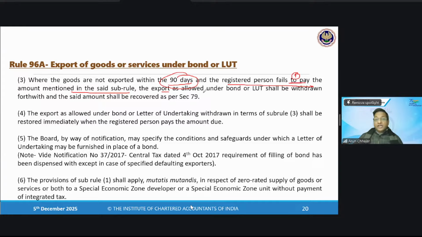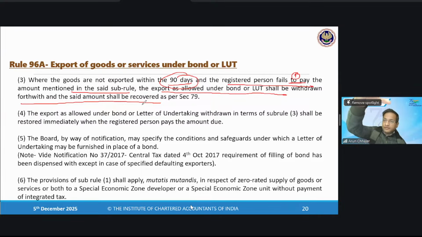The exports allowed under bond or LUT shall be withdrawn and the said amount shall be recovered as per section 79. So what happened is, you were to export on payment of IGST or under LUT, and you have not made the payment to the government, then this recovery shall be made according to section 79. Export as allowed under bond or LUT withdrawn in terms of sub-rule 3 shall be restored immediately when you pay the amount.